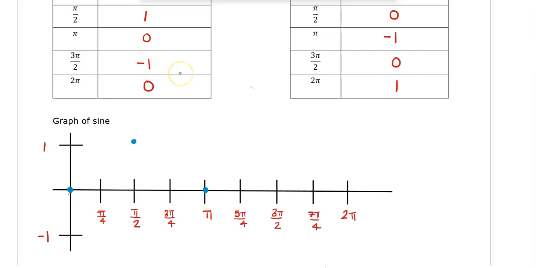At 3 pi over 2, I'm at -1. And at 2 pi, I'm back at 0. Let me try and connect this without it being terrible. There we go. That's my graph of sine, and that should correspond pretty well to what you had yesterday with your spaghetti functions.